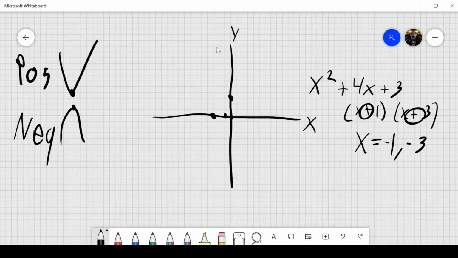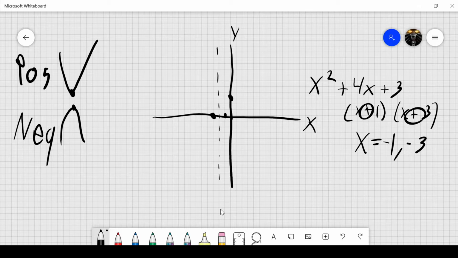-2 is going to be our axis of symmetry. That's just an easy one, guys, because it's directly in between -3 and -1, -2 being the axis of symmetry. It is just a point on the x that creates a vertical line that will split our graph in half. The vertex is the actual midpoint.